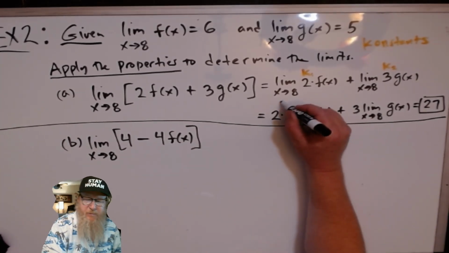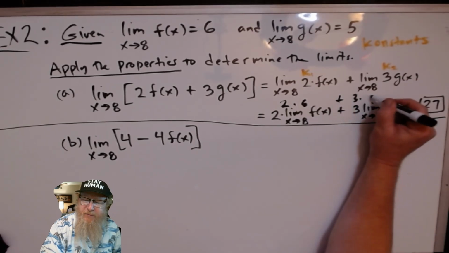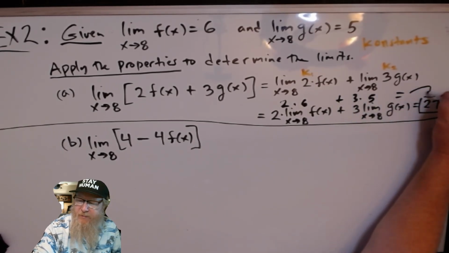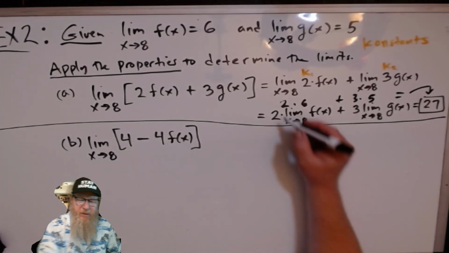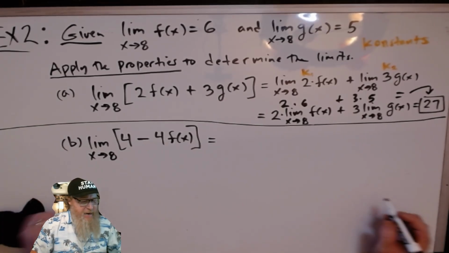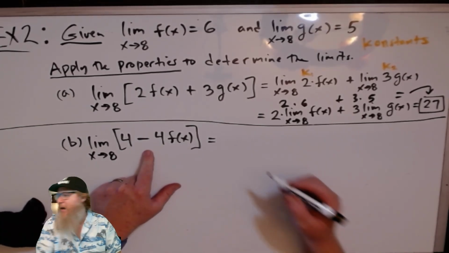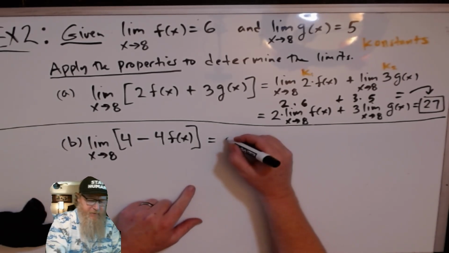All right, so this was 2 times 6 plus 3 times 5 equals 27, in case you're still catching up in the video. You can press pause anytime you need to. I'm sure you all know that. All right, so again, this is property 4. Limit of the difference is the difference of the limits.